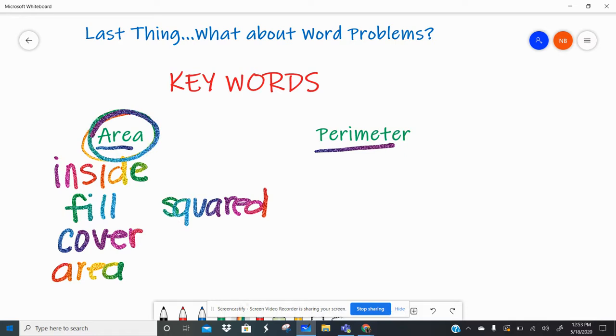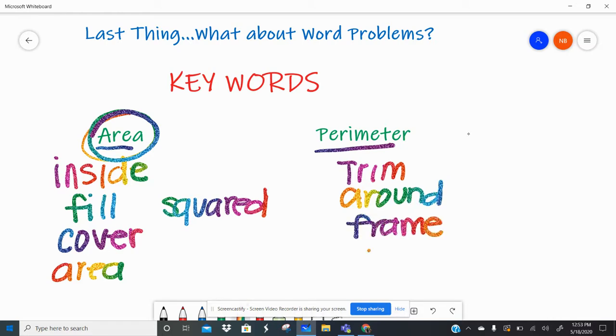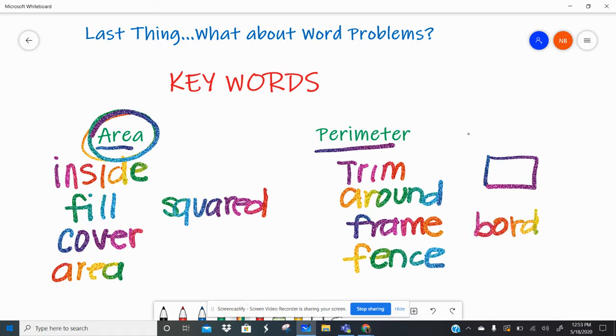For perimeter, you're talking about trim, around. If you're going to frame something, if you're going to put a fence around something, right? So if you're going around a shape, a border, trim, frame, fence, all of those would be just perimeter.